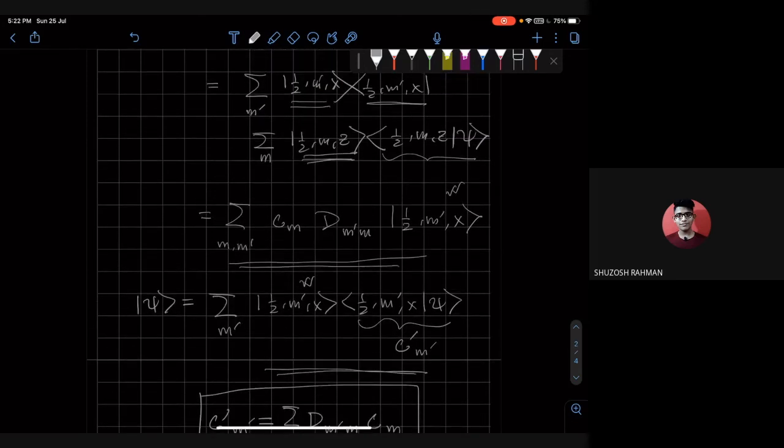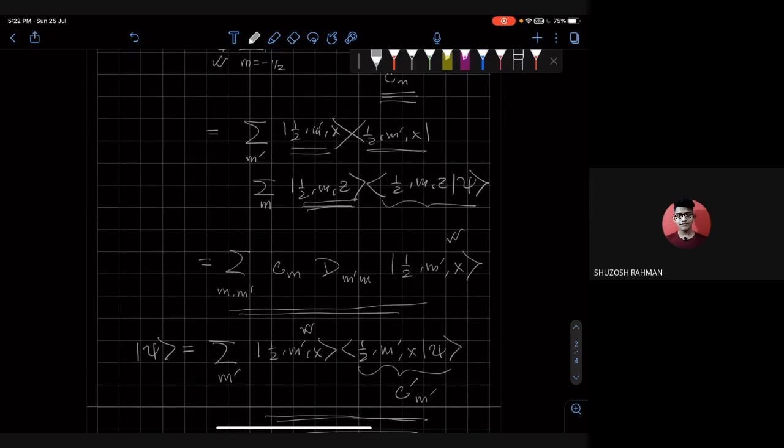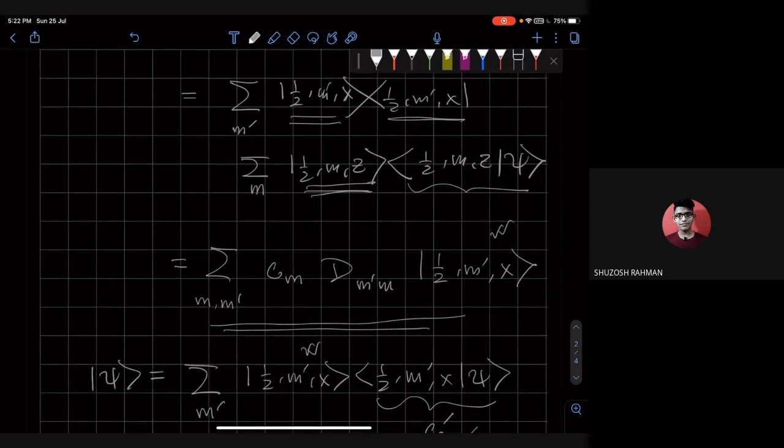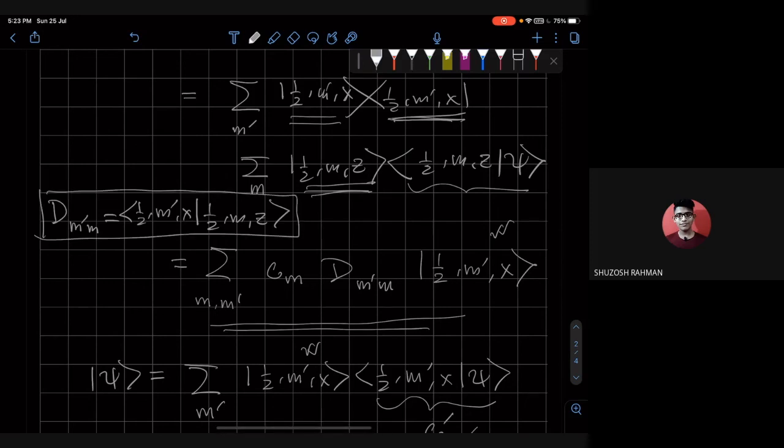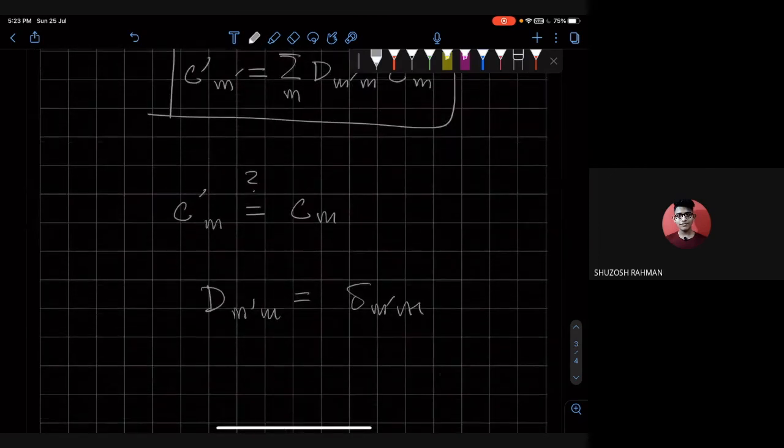So let us go back to what D was. We should write down what D is explicitly, it's important. D M prime M was this thing, half M prime of X, half M of Z. So if this is the X basis and this is the Z basis, can this ever satisfy this?